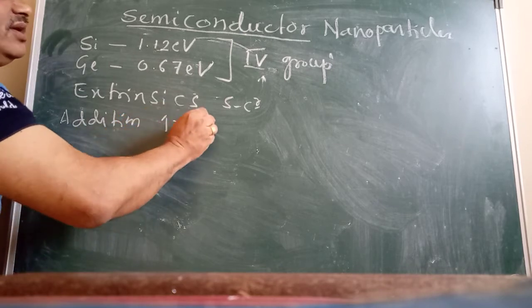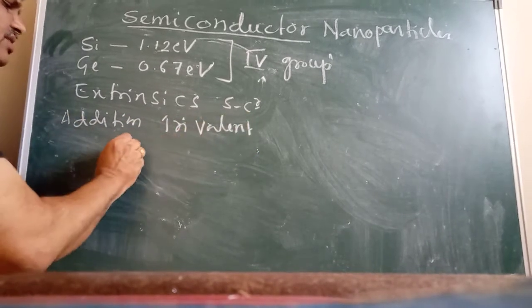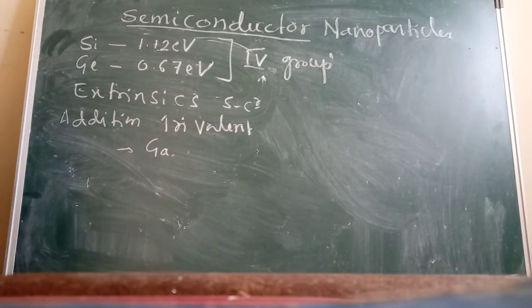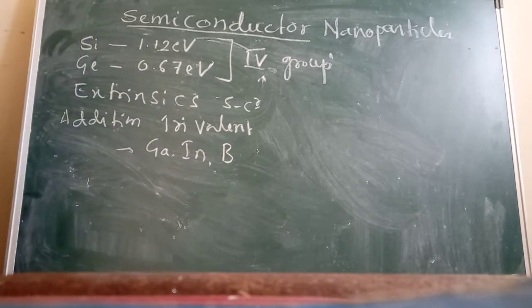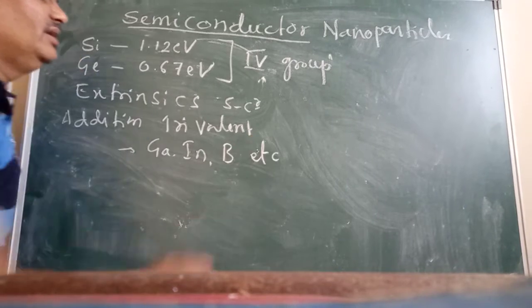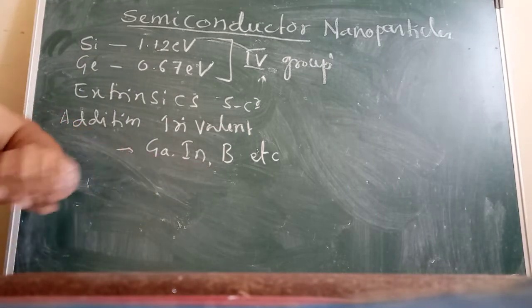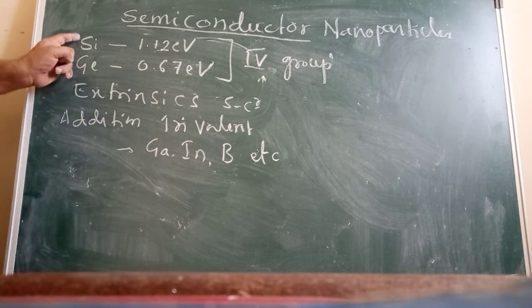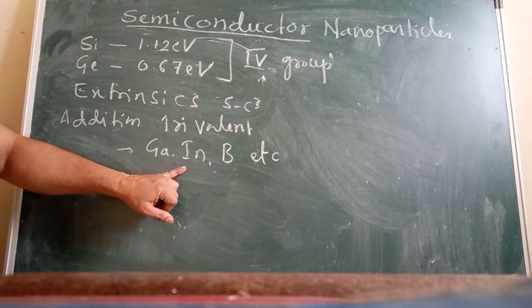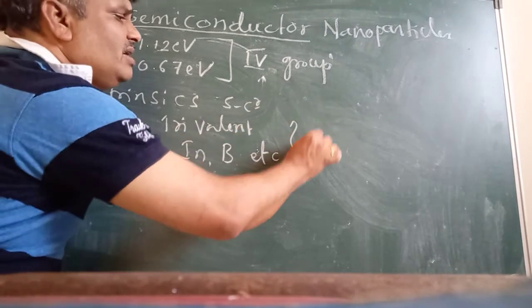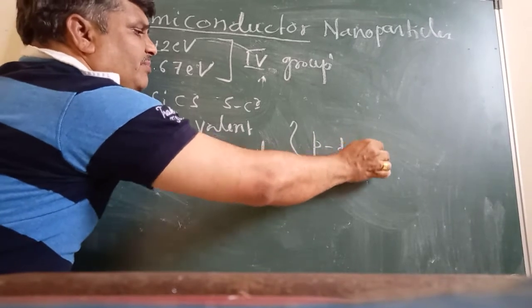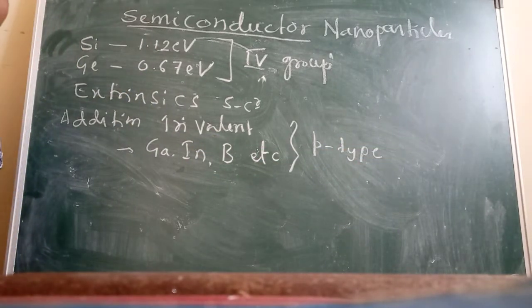Trivalent materials are gallium, indium, boron, etc. When trivalent impurities are added to the pure semiconductor, we get a P type semiconductor. In a P type semiconductor, holes are the majority carriers, so most of the electrical properties of the material are due to the holes.